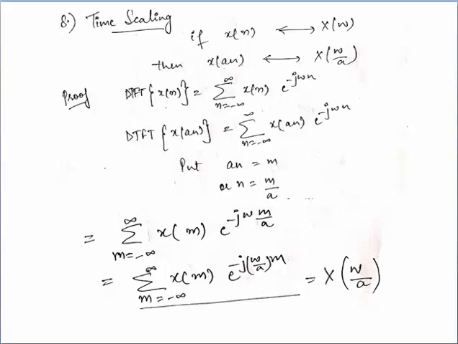Rearranging the variables, it becomes summation m tends to minus infinity to infinity x(m) e raised to power minus j (omega by a) m. Now compare this equation with the formula of DTFT, that is X(omega by a). That is the time scaling property of DTFT, hence proved.